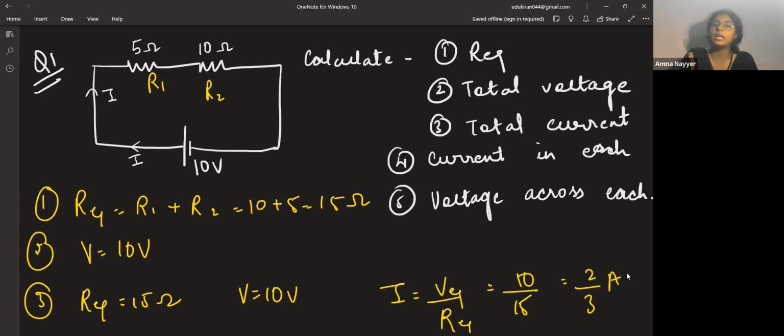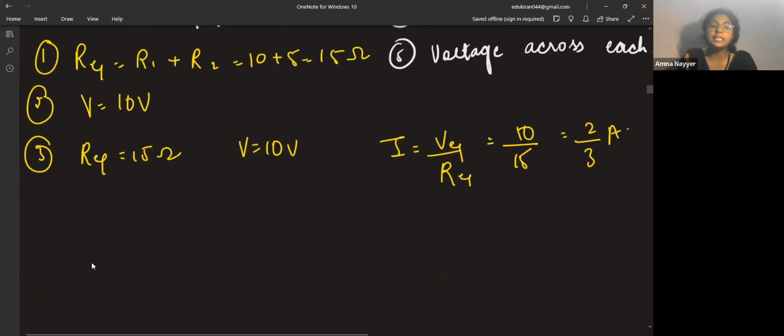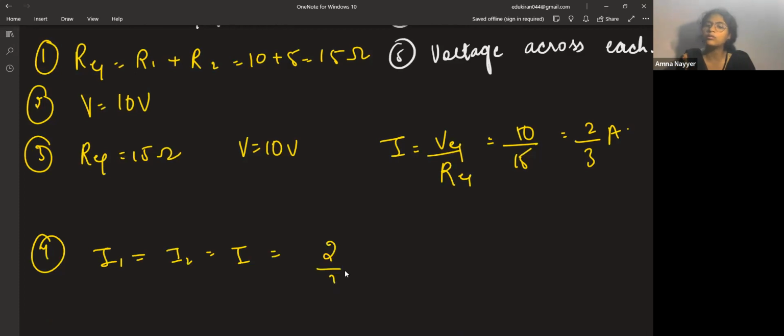This is the total current. So R1 will also be receiving 2 by 3 amperes, and R2 will also receive 2 by 3 amperes. The fourth part is the current in each. I told you, I1 is equal to I2, which is equal to the net current of the circuit. So I1 and I2 will also be 2 by 3 amperes.